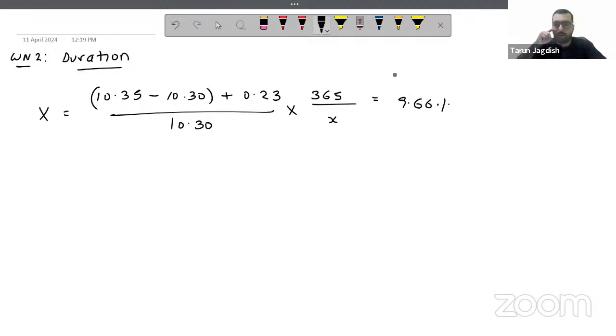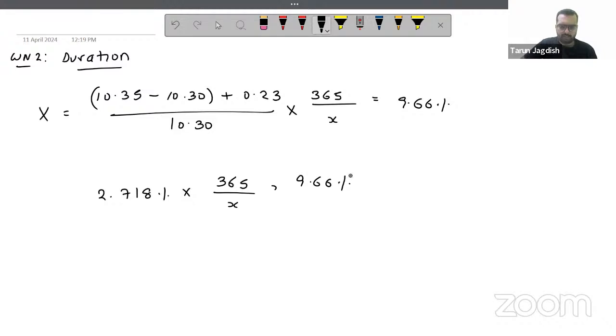So you have to do a reverse working to find out the value of X. 10.35 minus 10.3 is 0.05, plus 0.23, divided by 10.3 in percentage will be 2.718%, into 365 by X is equal to 9.66.